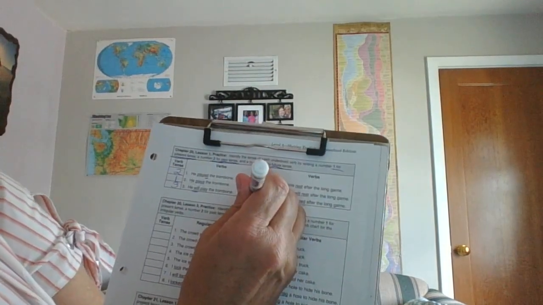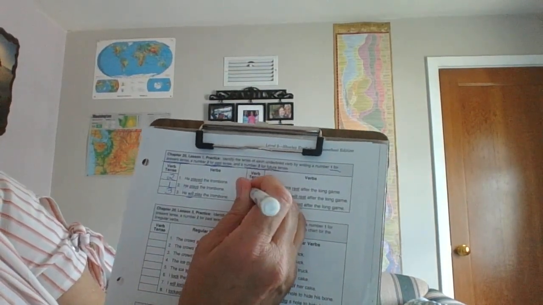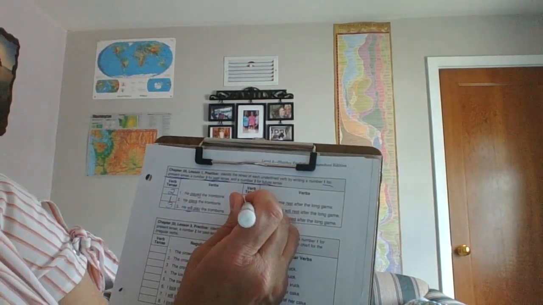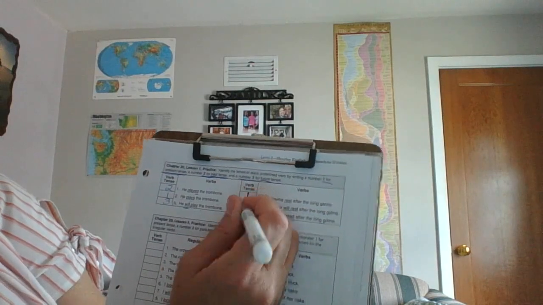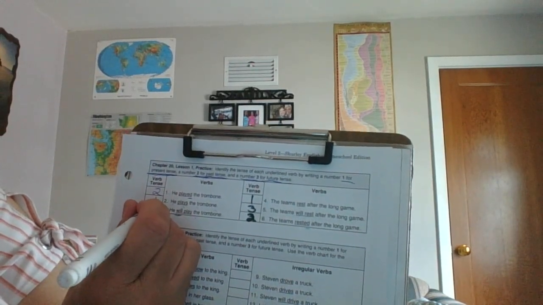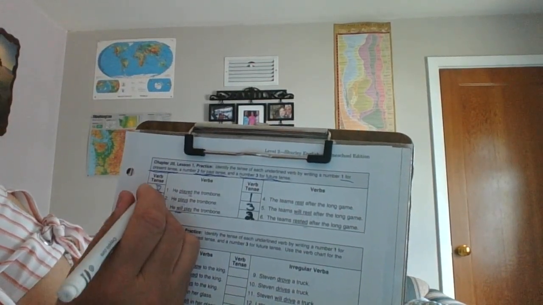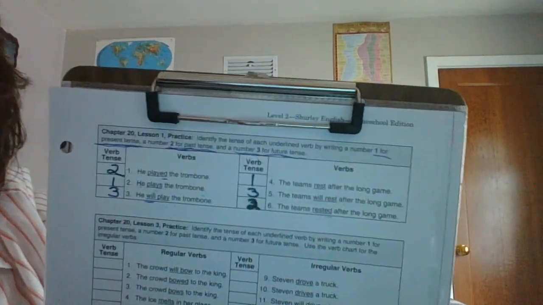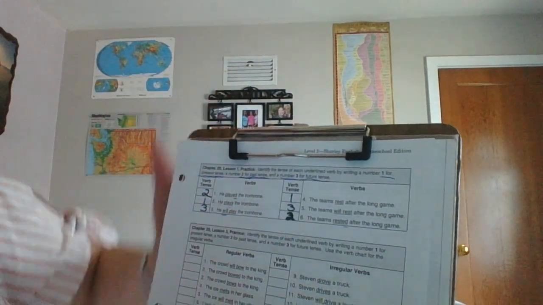Okay, I'm going to switch to a marker. Oh, sorry. Past tense is 2. All right. So I'm going to fill those in a little better so you can hopefully see. I want you to go ahead and take a look and make sure you got those correct. Now I want you to also go ahead. We're going to talk about irregular verbs too.